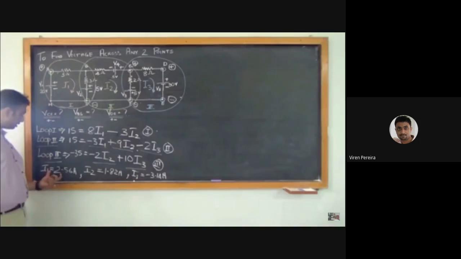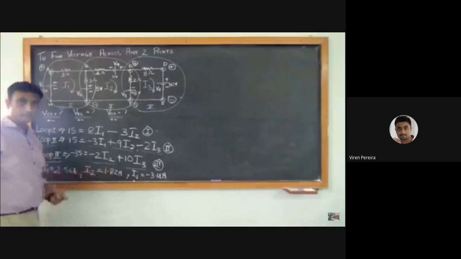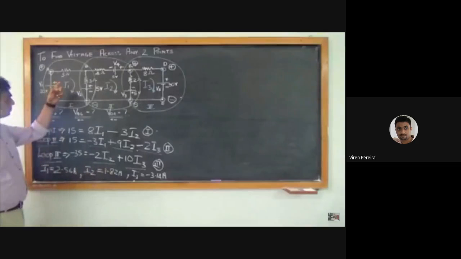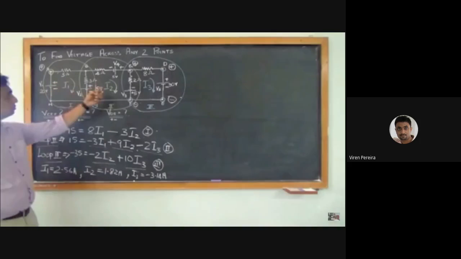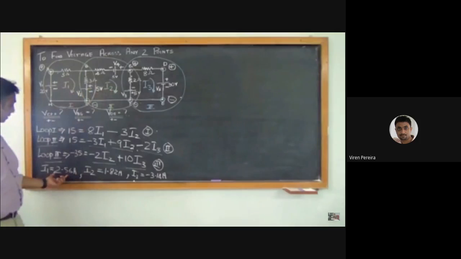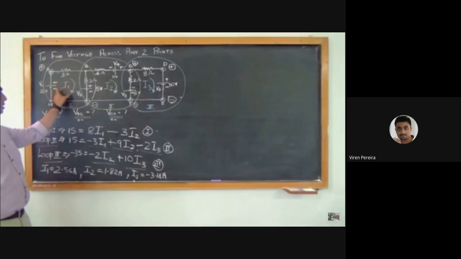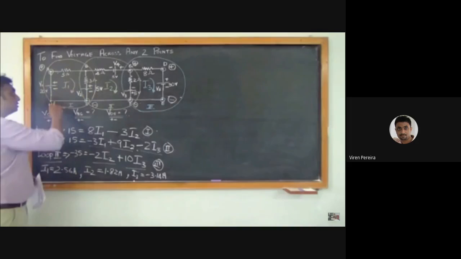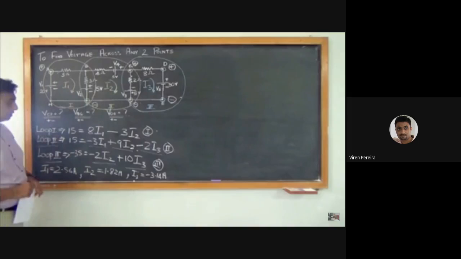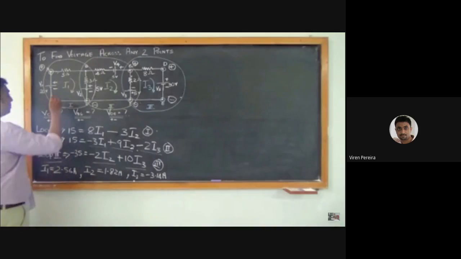Now if you see here, you got all your currents. If your current comes in positive, basically whatever direction you have assumed is correct. So I got plus 2.56 here, so whatever direction I assumed for I1 is correct.